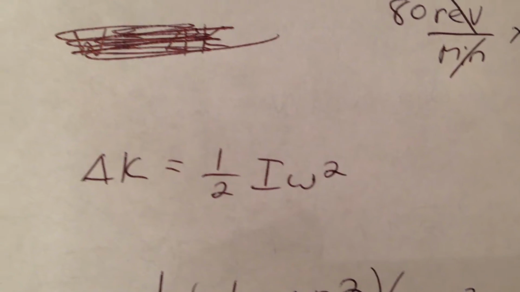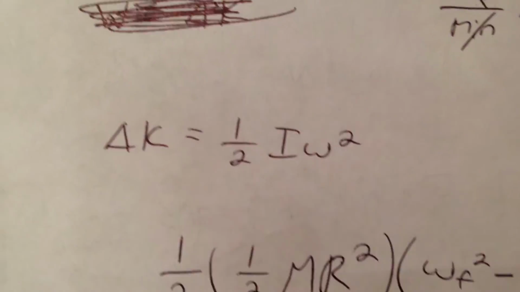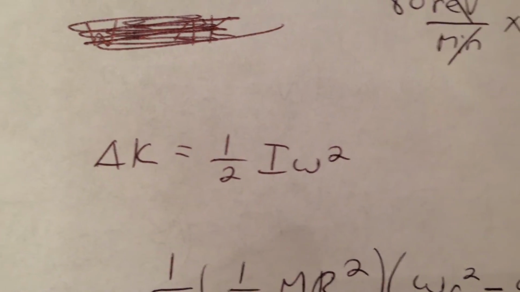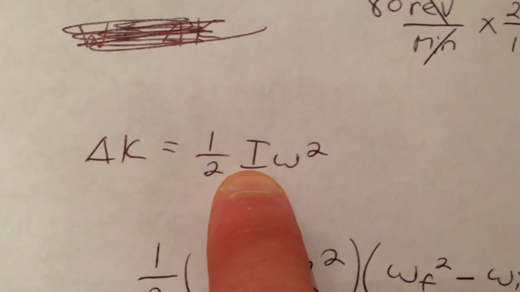Also, the kinetic energy, because it's rotational, we can go ahead and use this equation. Because the inertia is equal to this, we can just plug this in for the inertia right here.